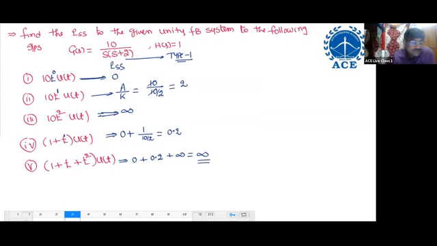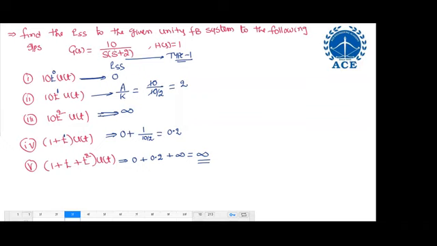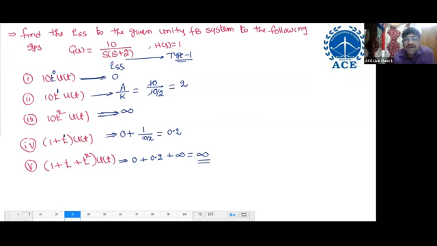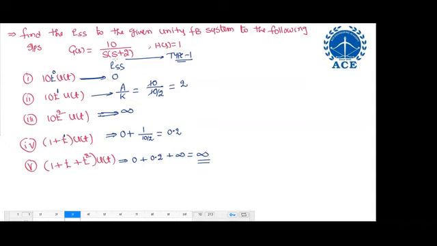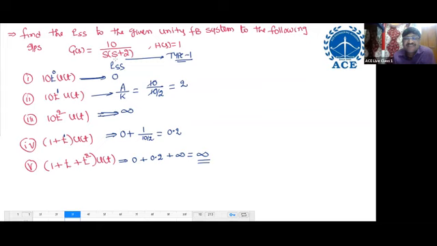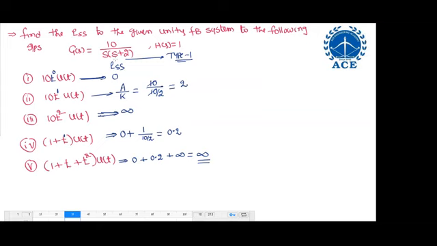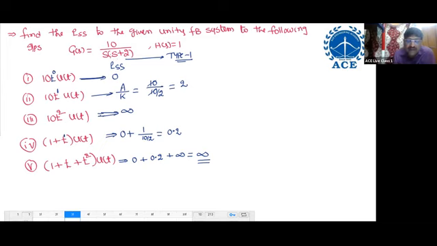Type represents the pole at origin, s equals 0. If I put s square, type 2. If I put s power n, type n. Basics you should be strong. So listen to the class every day carefully.